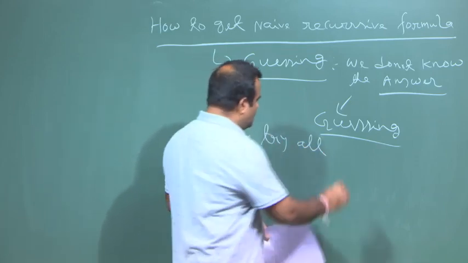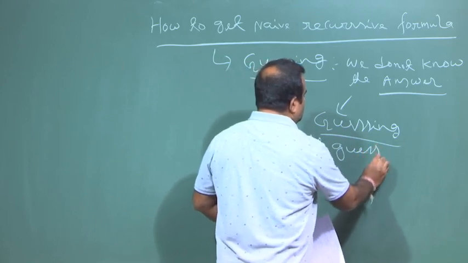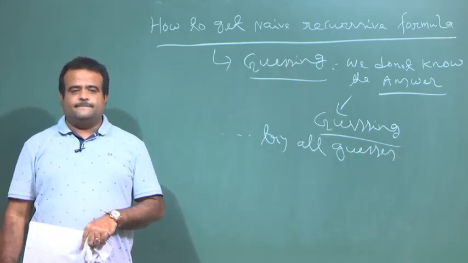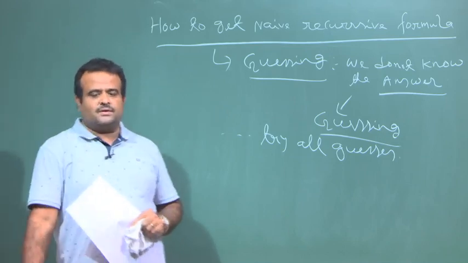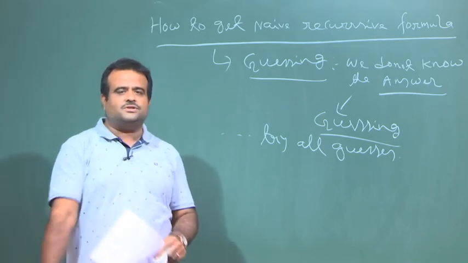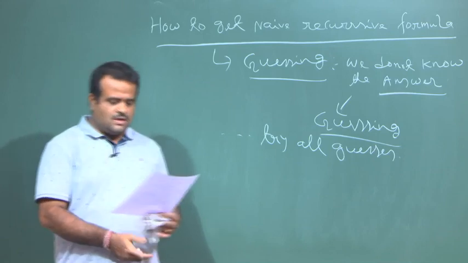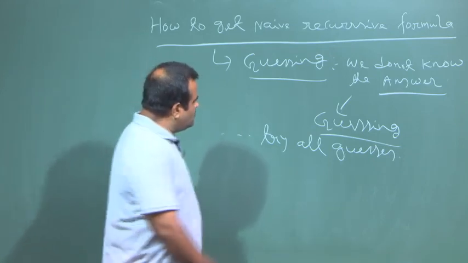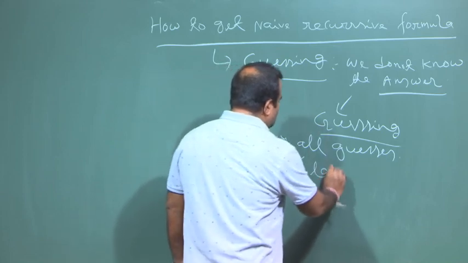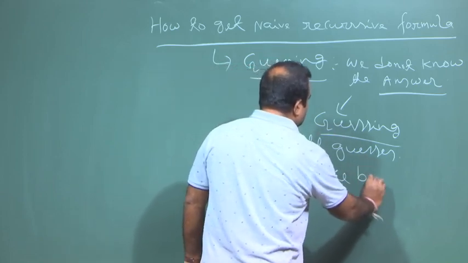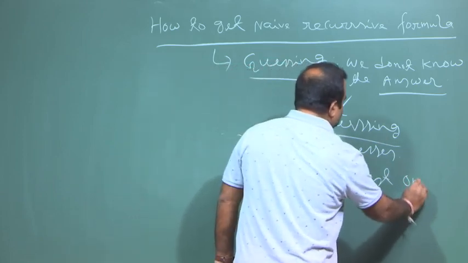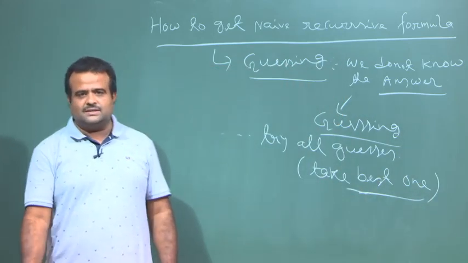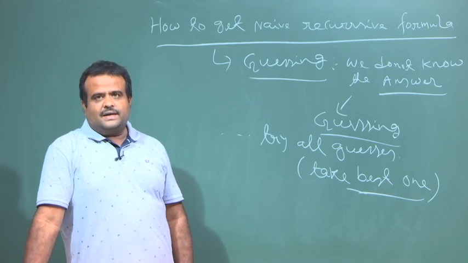This is a sort of exhaustive search, and this is the beginning of the dynamic programming technique. We have an exhaustive search, then we take the best one. We try all possible guesses, then take the best one with the help of the DP technique.